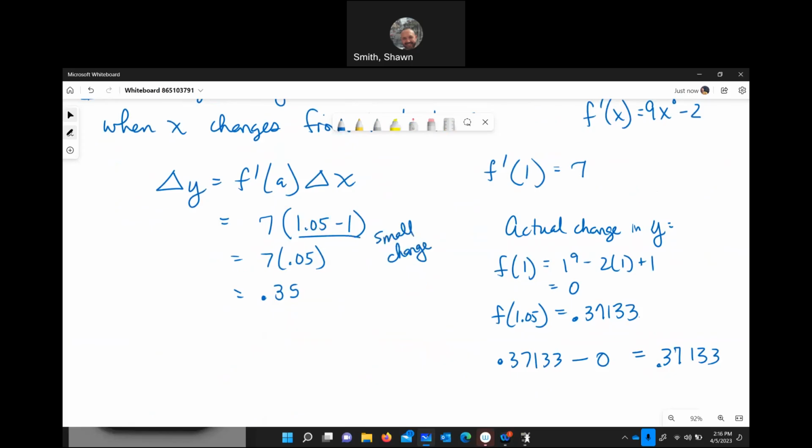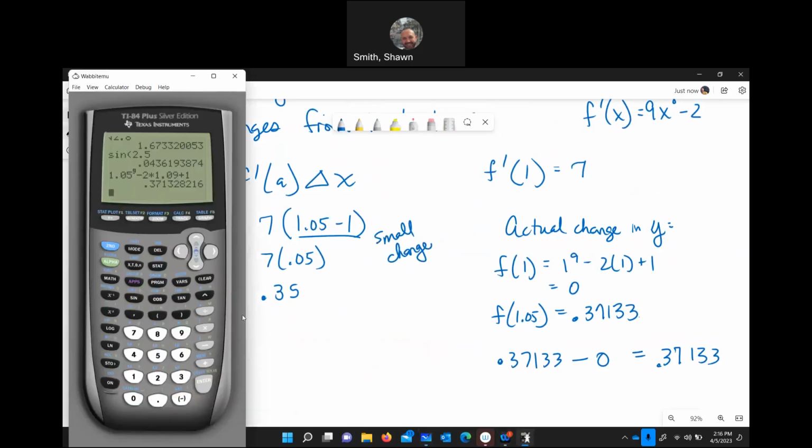Where'd you get the 0.09? 2 times 1.05. That's supposed to be a 0.05. Thank you. Typed it in wrong. That's still wrong. 1.05 to the 9th power minus 2 times 1.05 plus 1 is 0.45.